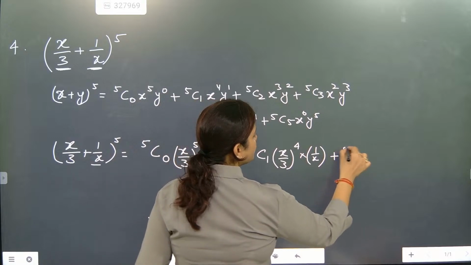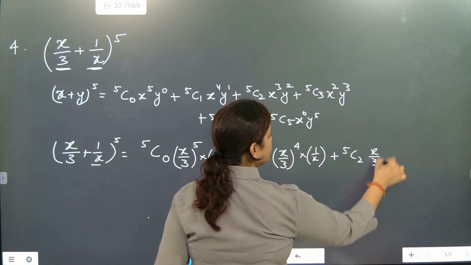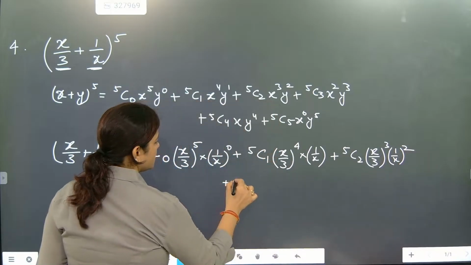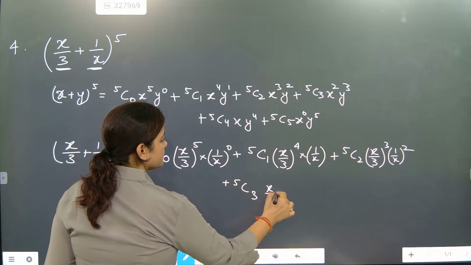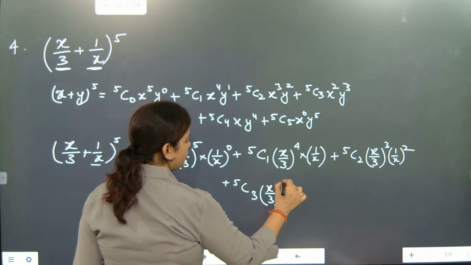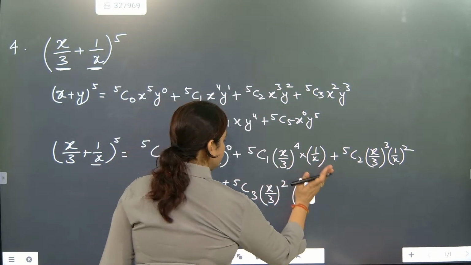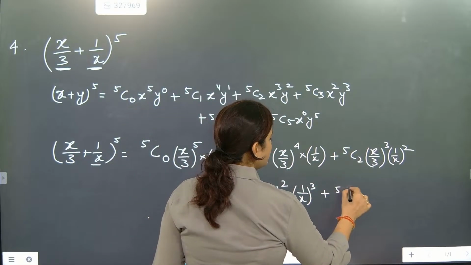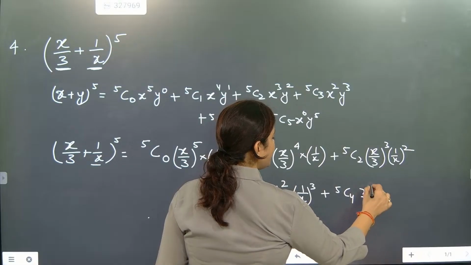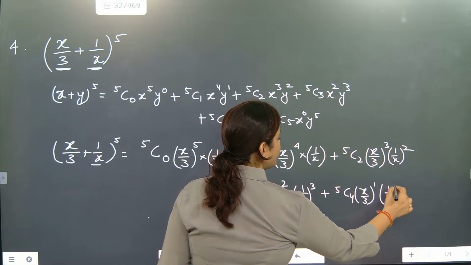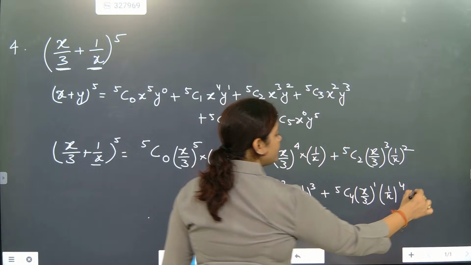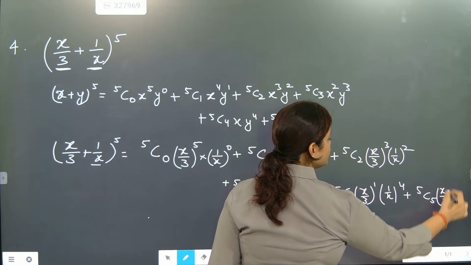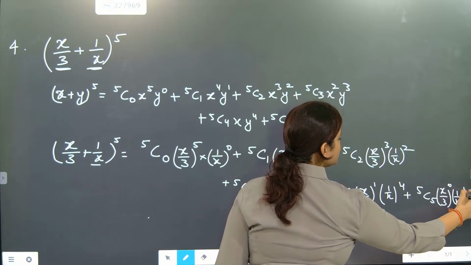Now 5c2 x by 3 to the power 3, 1 by x to the power 2, 5c3 x by 3 to the power 2 and 1 by x to the power 3, 5c4 x by 3 to the power 1, 1 by x to the power 4, and then comes 5c5 x by 3 to the power 0, 1 by x to the power 5, beta.